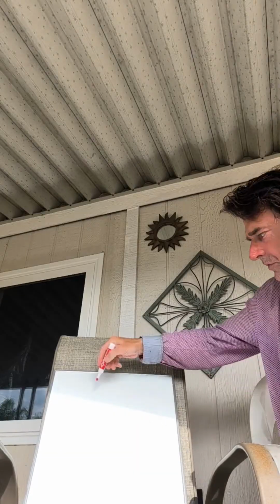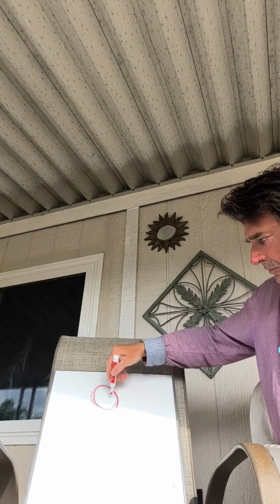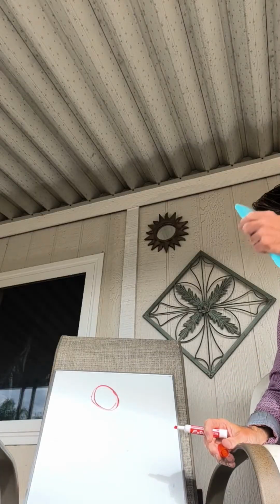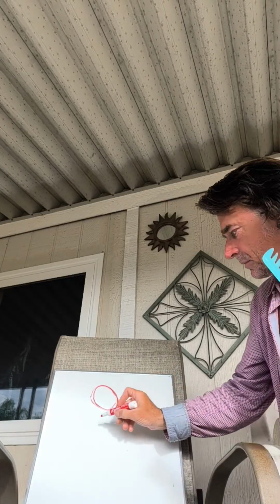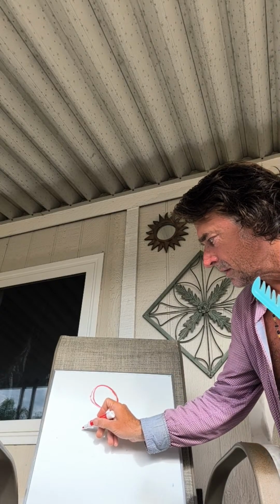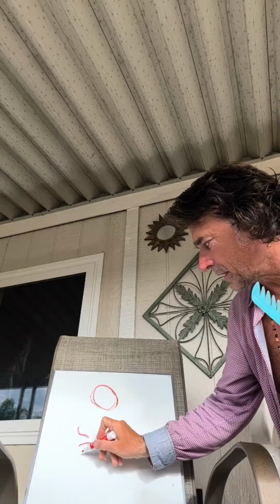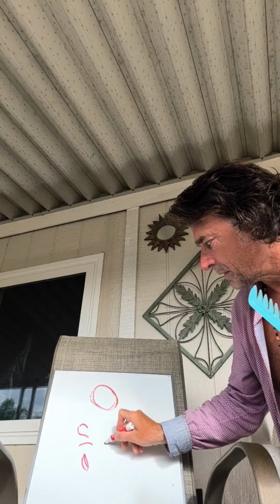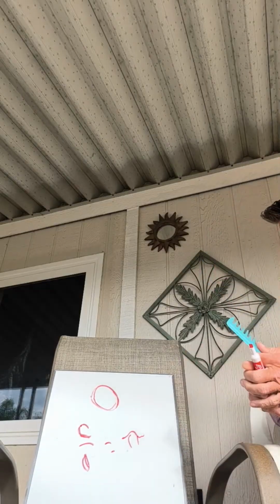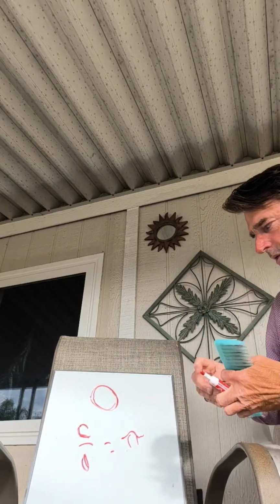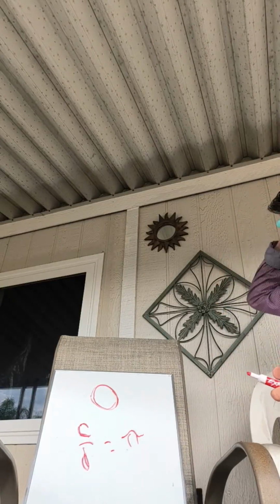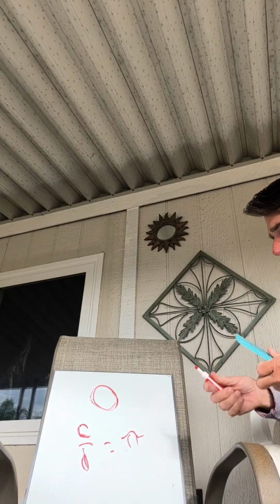First of all, we have a circle. What do you see about the circle? The circumference divided by diameter equals pi, C over D, and that defines pi.